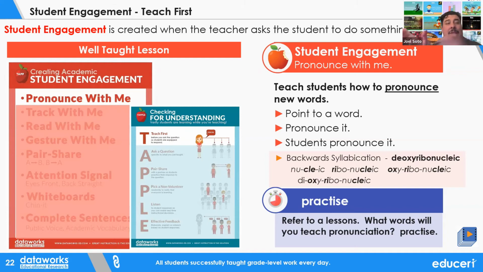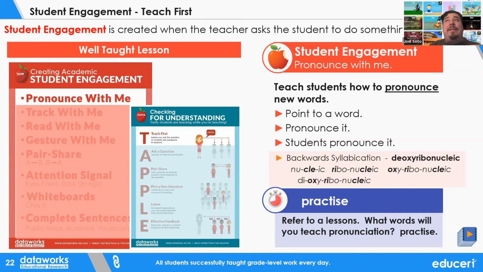Okay. John, as you know, I'm mostly focused on English language development, ELD, or English learners. And for me, when I see pronounce with me, it's high leverage academic words with multiple syllables, and of course, words with multiple meanings, like, for example, determine.